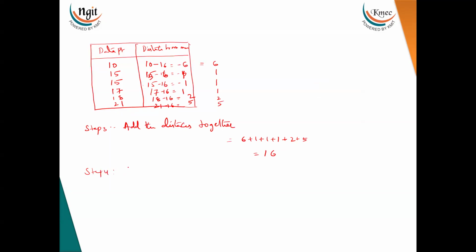Then step 4. We are going to divide the sum by the number of data points. That is, the mean absolute deviation is given by 16 divided by 6, which is equal to 2.67 likes.